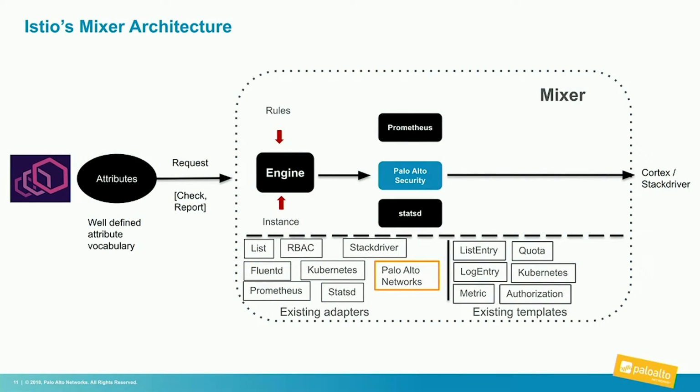And then the report API call is used to surface a lot of fine-grained telemetry and information about traffic patterns that are traversing your network. So having laid the groundwork for this Mixer architecture, let's get into how exactly Palo Alto leverages this kind of framework to provide this kind of deep security for containerized workloads.